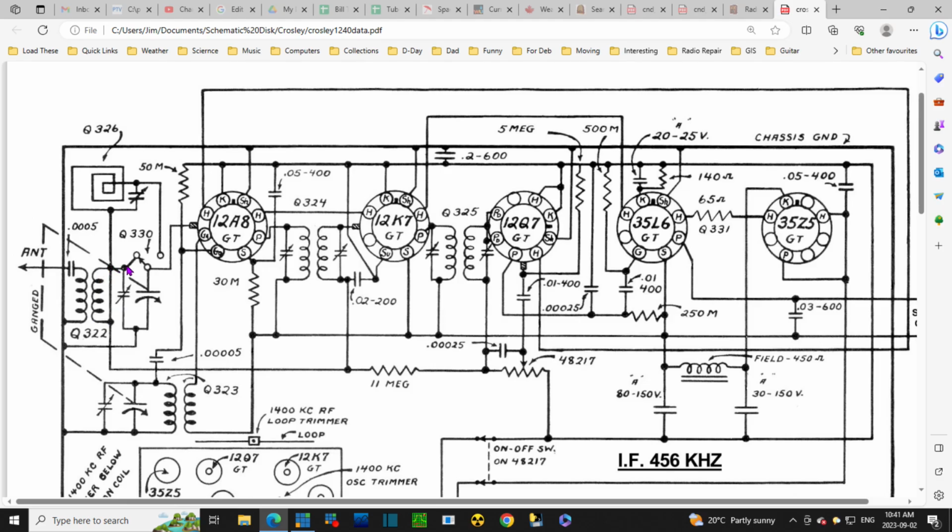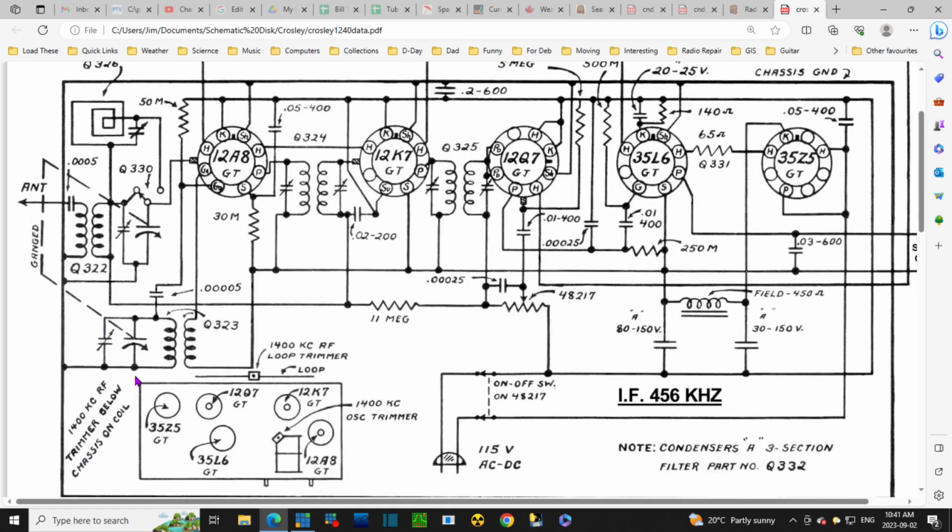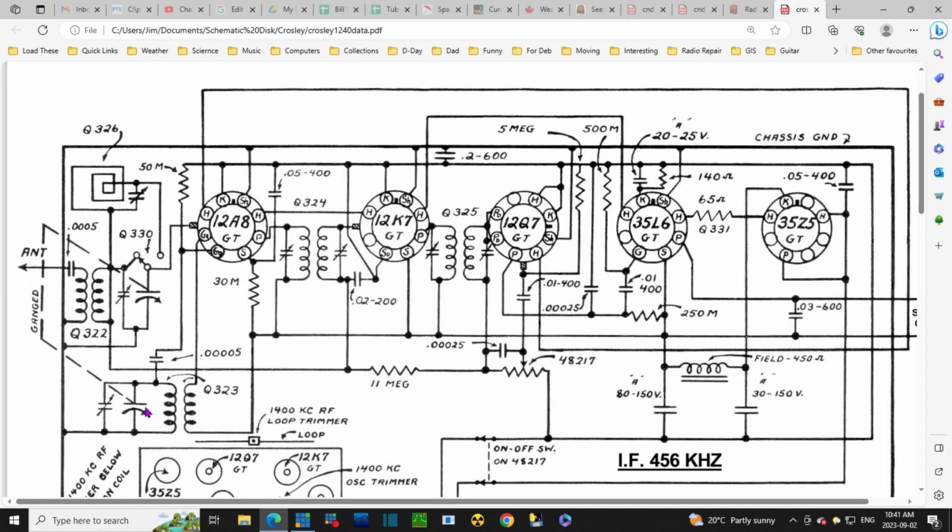Now, if you have this switch the other way, up here, so you're using the loop. Is there a note? Did they make a note here? Not really. What is this?